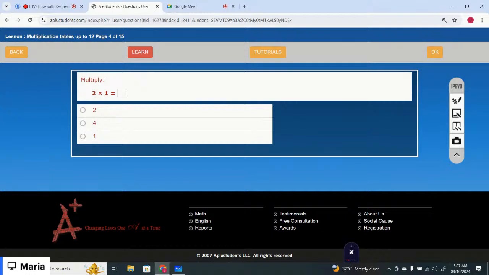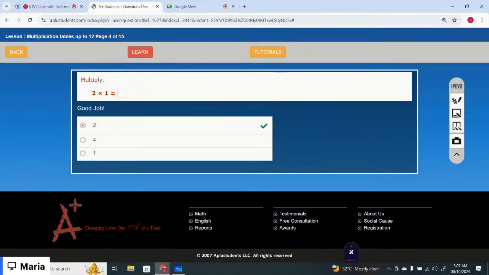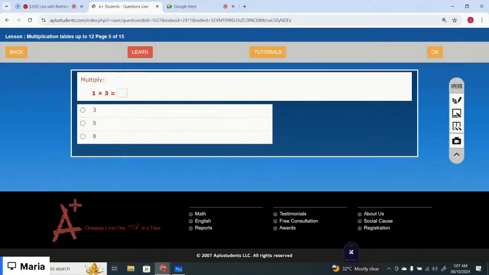Okay, multiply 2 times 1. Any number when multiplied by 1 is exactly the same number, right? So 2 times 1 makes 2. Option number 1 is the correct option. Okay, the next one is 1 times 3.